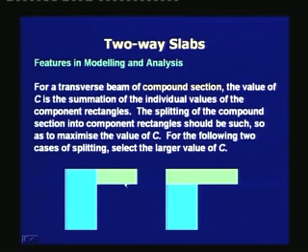Now, for each rectangle we have to identify x and y, which are the smaller and larger dimension respectively, place those values in the expression, take the summation, and calculate the value of C. Once we have the values of C for both these schemes of splitting, we pick up the value which is higher.